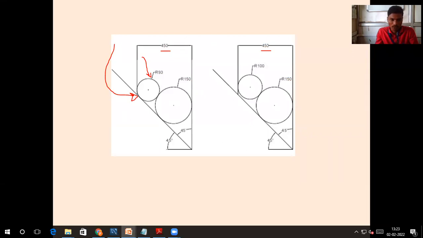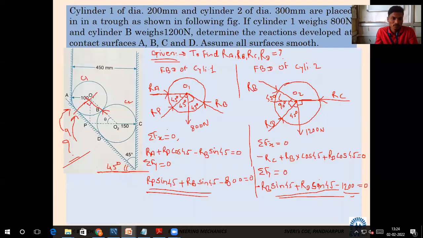So what I did, I tried to draw this in the software. Then I came to know that if this upper side cylinder is going to touch this lower side cylinder, inclined surface and this vertical surface, then it should have a radius equal to 93. Its radius should be 93. But what was given in the problem? 100.